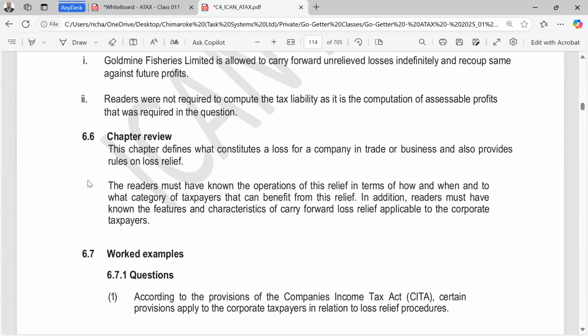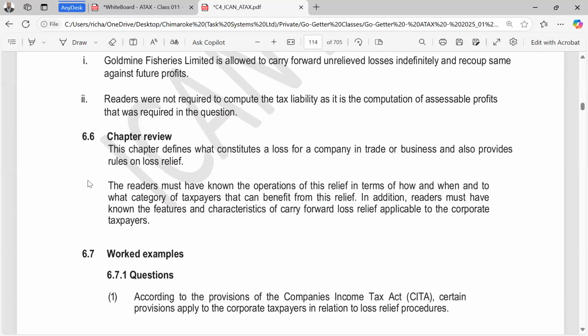Now, what have we done? We have looked at the loss in a trading business of a company and also for individuals, and see the rules on relieving of losses. The readers must have known the operation of this relief in terms of how and when and to what category of taxpayers that can benefit from this relief.